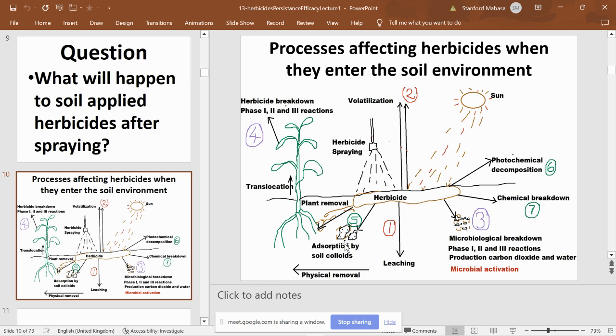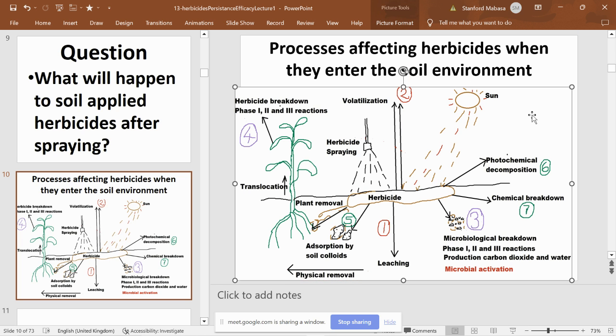Then number 6, we have the effect of sunlight. Now, sunlight may affect certain herbicides containing nitrogen and carbon. In other words, light makes those molecules excited.